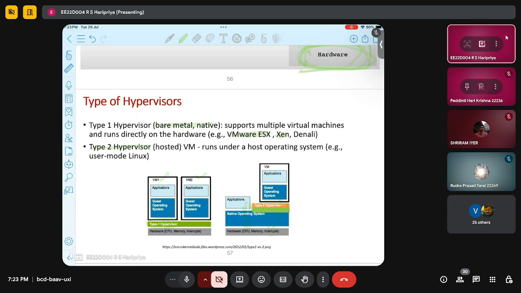The Type 2 hypervisor is hosted on the native operating system, so it is called a hosted virtual machine. The virtual machine can be on top of the Type 2, and all the privileged instructions coming from the guest OS can be emulated by the hypervisor.